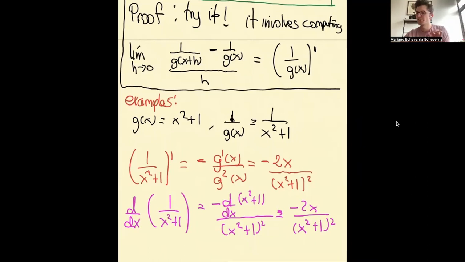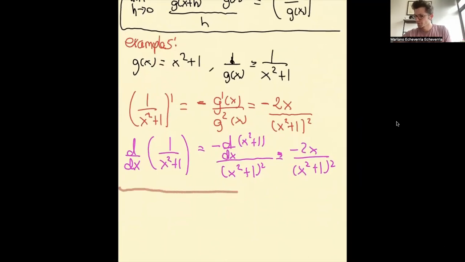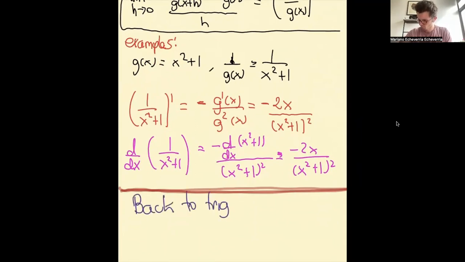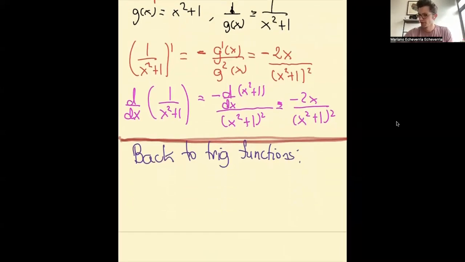Let's do another one, which is actually more important. If you remember, let's go back to trig functions. For trig functions, we have talked about sine and cosine mostly, right?